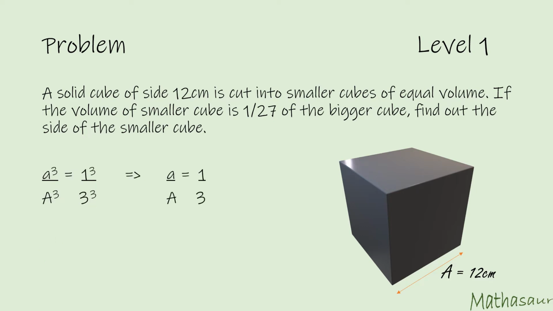Finding out the cube root on both sides, we have small a by capital A is equal to 1 by 3. Let us substitute the value for capital A as 12 cm and cross multiply. Let us simplify. We get small a as 4 cm.